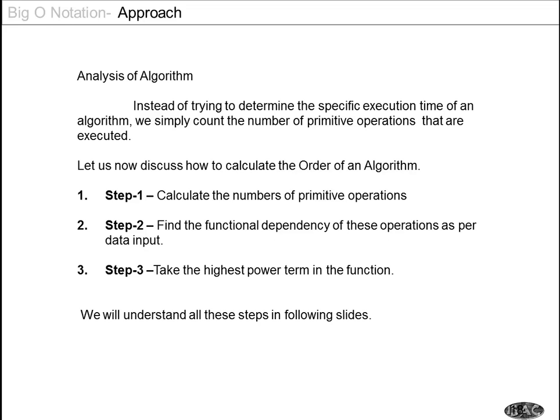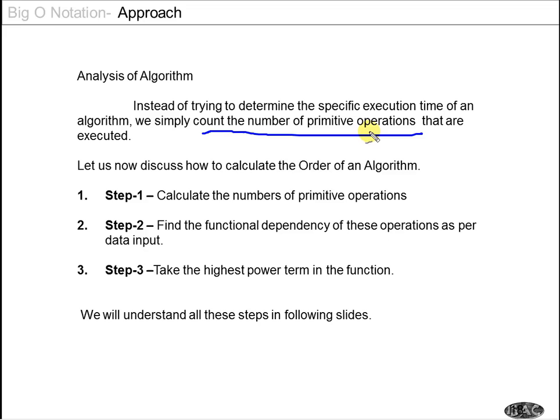Now, when you approach a Big O Notation based analysis of an algorithm, instead of trying to determine the specific execution time of an algorithm, what we do, very important, is simply count the number of primitive operations that are executed.